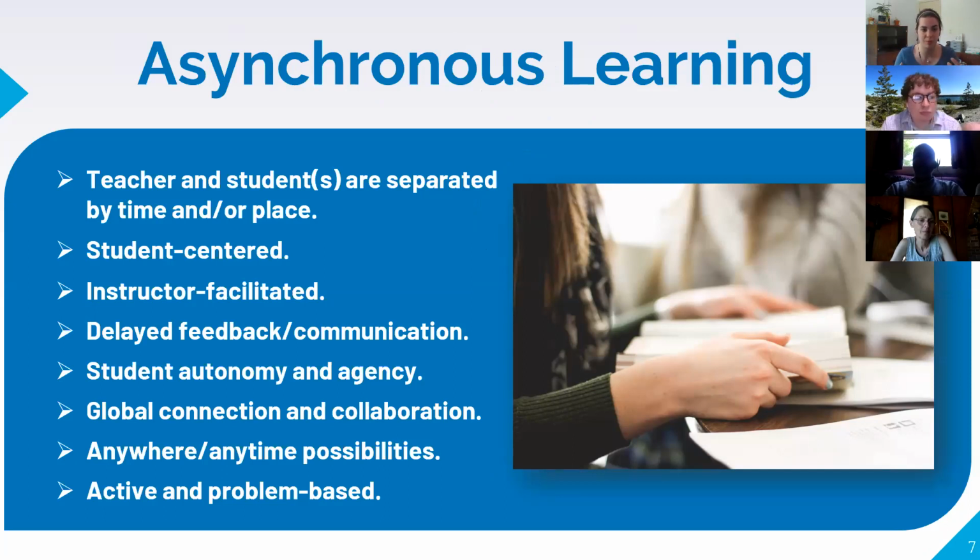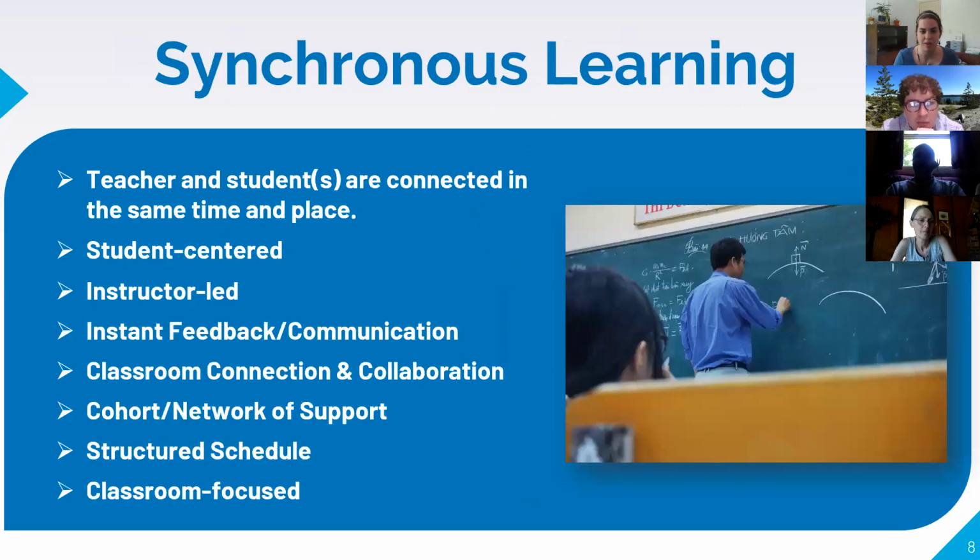It has to come from that intrinsic motivation piece, which is what most of these pieces speak to. And then again, a little bit more information on synchronous learning. Having that cohort and network of support is something that organically exists in a synchronous environment. It could exist in an asynchronous environment, but it does take a little bit more facilitation.